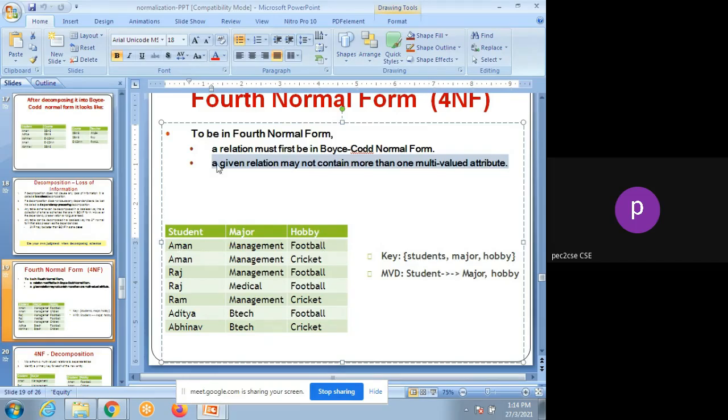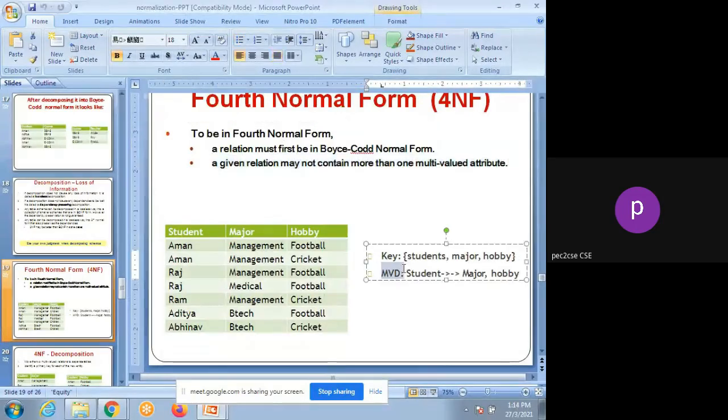So how many multi-value dependencies exist in this table? In this table, how many multi-value dependencies are there? Two, ma'am. Two. So how can you specify a multi-value dependency?